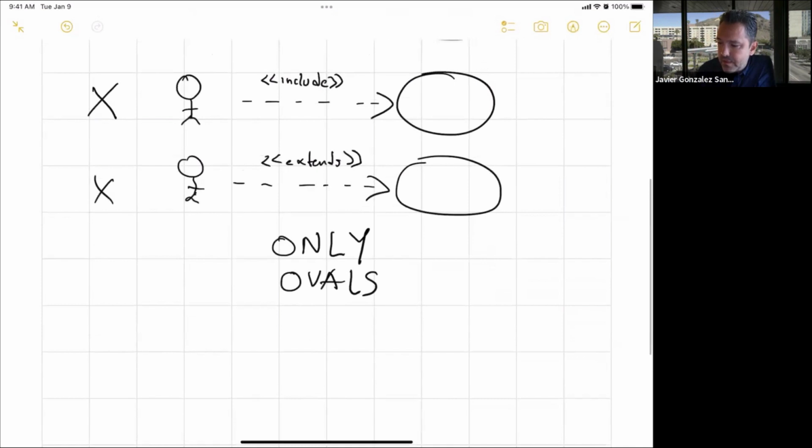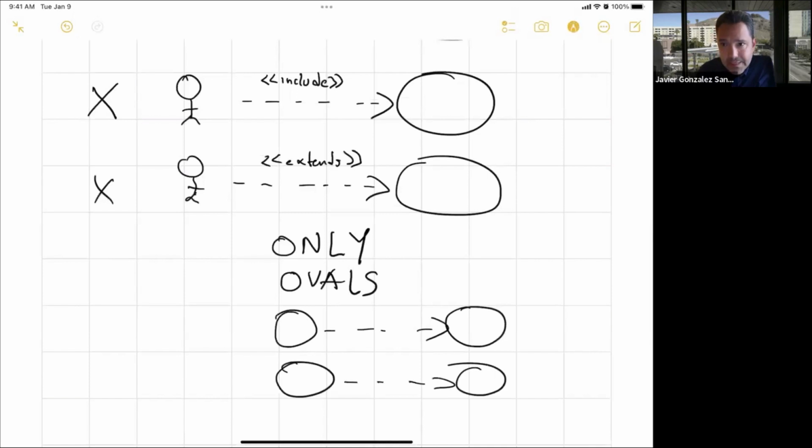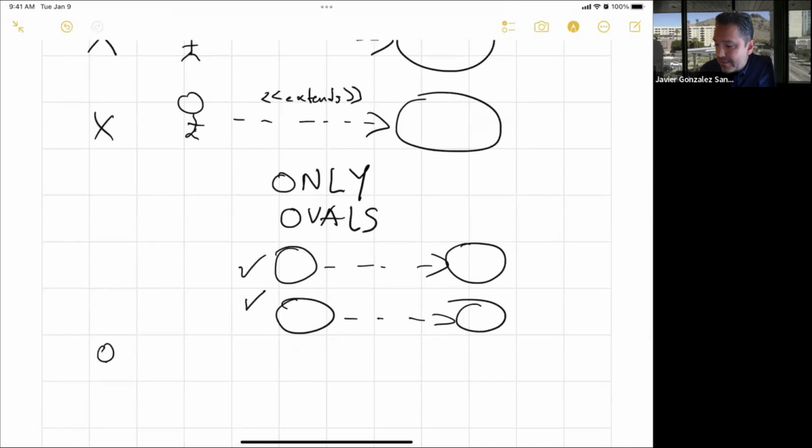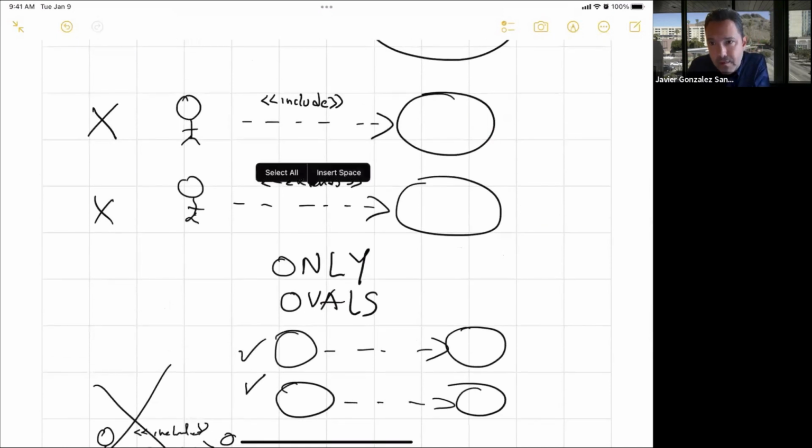The only thing that you can do is oval, oval, include, or oval, oval, extend. This is good. This is good. Can I use that between an actor and another actor, and connect this with the include? No. With the extend? No. These two only work with ovals.